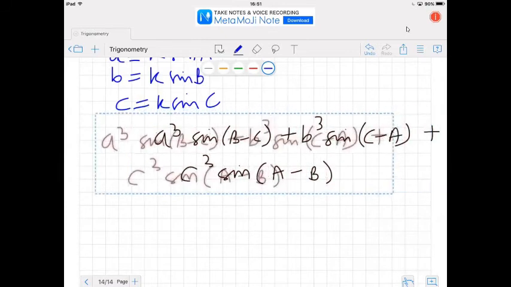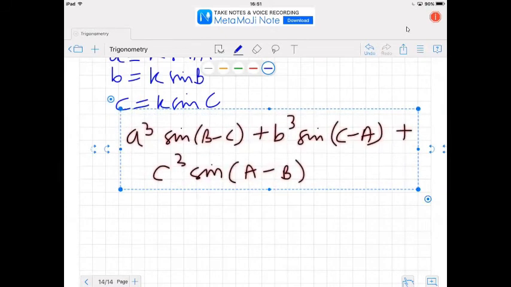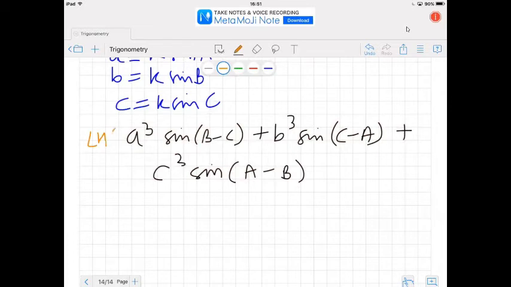all right, let me just put it here. This is my left hand side. Okay, so I'm going to do what? I'm going to expand the entire left hand side. Okay, so I will use the formula for sine of b minus c, sine of c minus a and sine of a minus b.